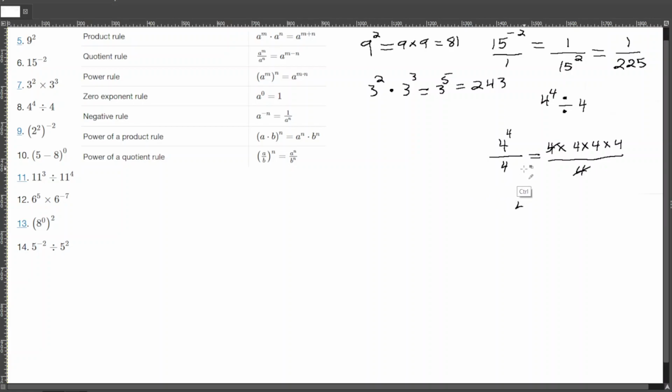So if we look at the rule, I'm going to go ahead and erase some of this. So this is 4. Oops, that's a horrible 4. Look at the top power, subtract the bottom power, which is 1. It's just to the first power. And we still get 4 to the third. And 4 to the third is going to be 4 times 4 times 4.